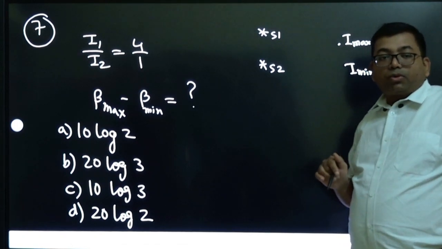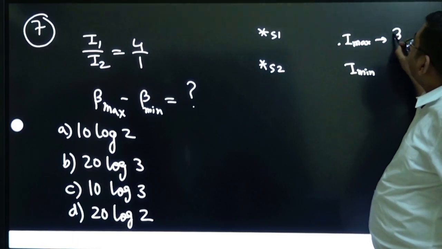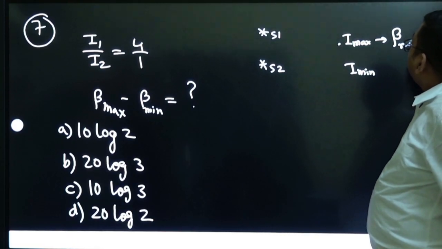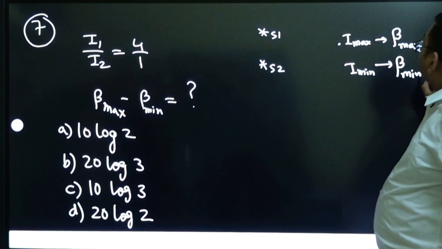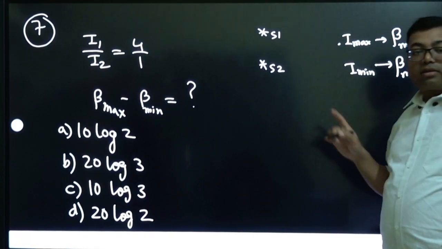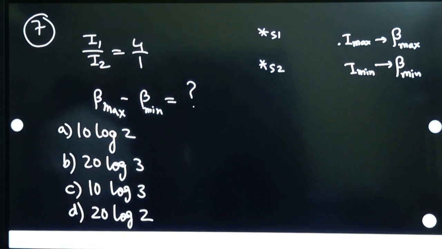Corresponding to maximum intensity there is maximum loudness, and corresponding to minimum intensity there is minimum loudness. So you have to think like that. Then you can calculate like this. Okay, try that.